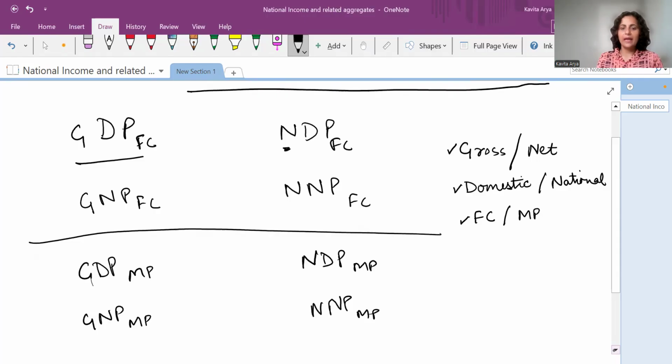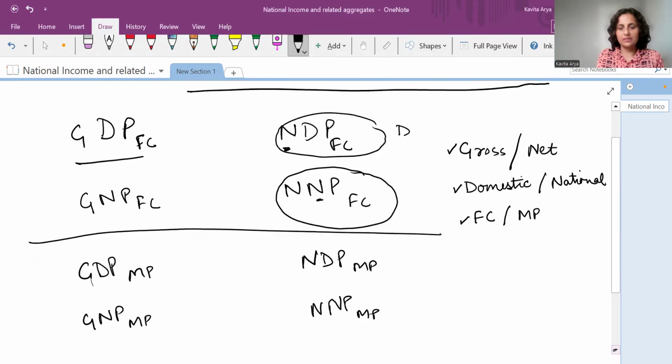In this, NNP at FC is called the national income. And when we alter this position, NDP at FC becomes the domestic income. So this is the domestic income aggregate and this is the national income aggregate.